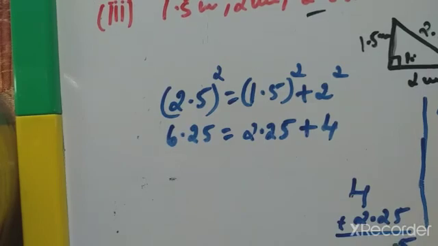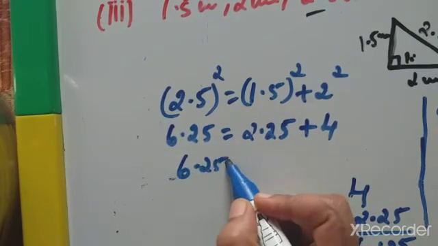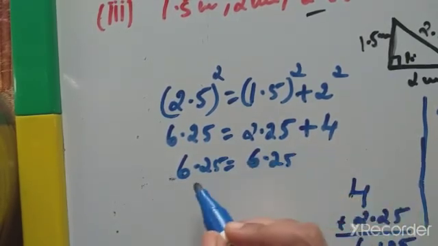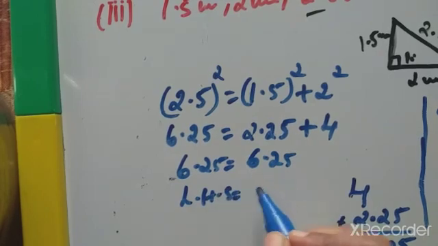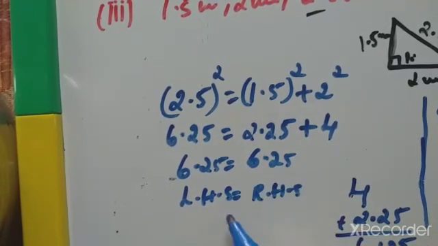Now 5, 2, 4 plus 2 is 6, so 6.25. So 6.25 equals 6.25, LHS equals RHS. Then the answer is correct, so the given measurements can be the sides of a right angle triangle.